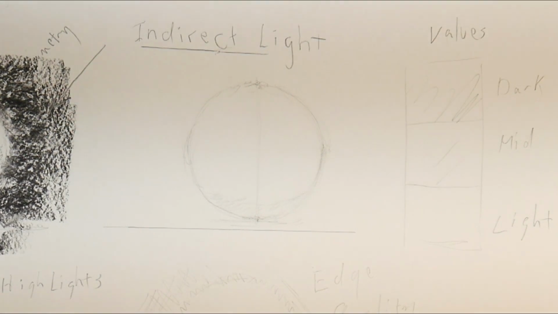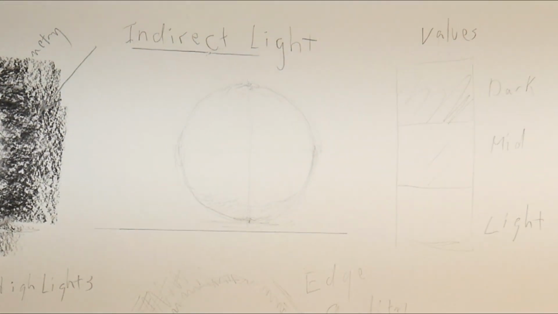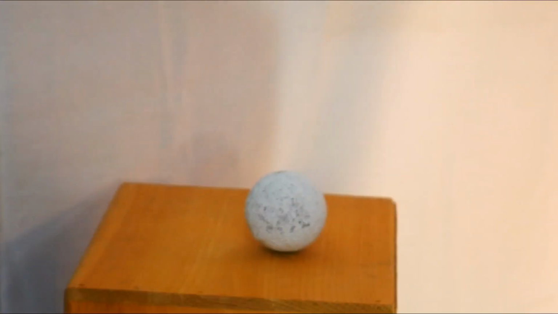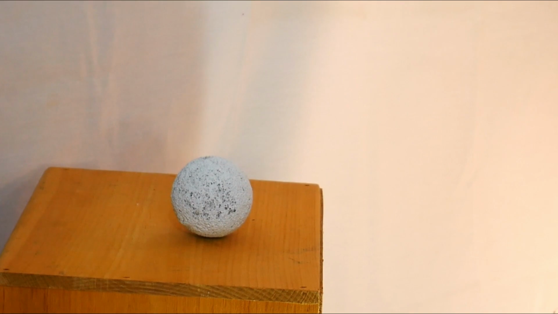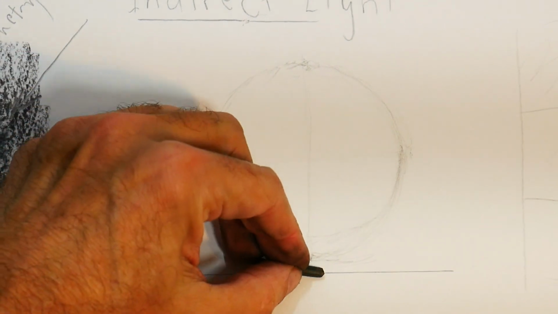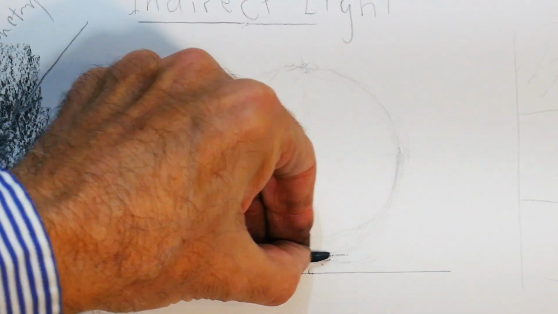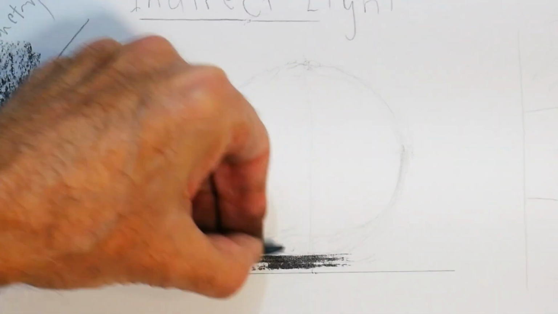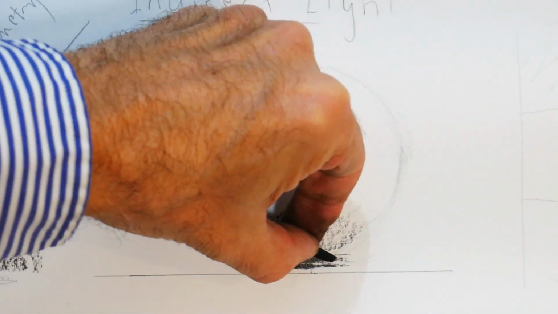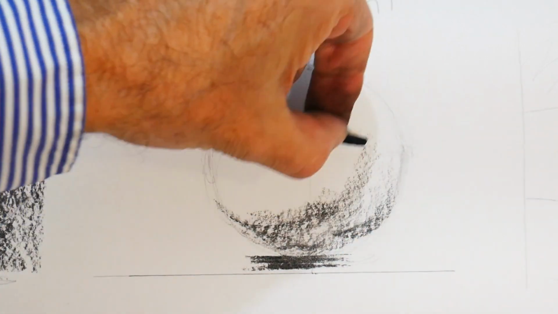And I'm going to move my setup so I can actually see what that looks like. So yep, there's just like a little bit of darkness on the bottom there. So it's just kind of dark on the bottom. And then it's a little bit dark on this side.